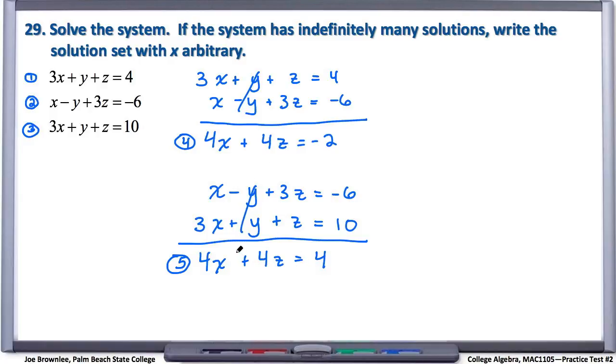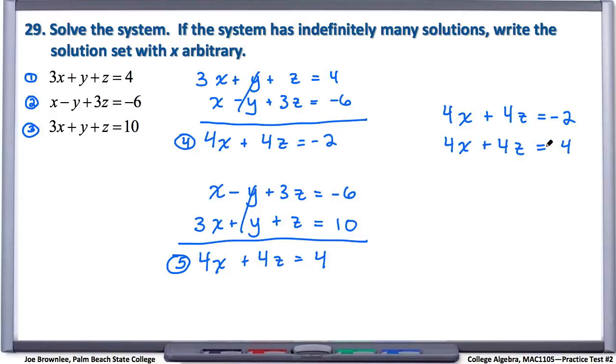And notice with equation 4 and equation 5, we don't have a y in either of these two equations. So we can set up another elimination and try to get rid of either the x or the z, and we'll do that off to the right here. So 4x + 4z = -2, so this is equation 4. And then let's write equation 5 underneath.